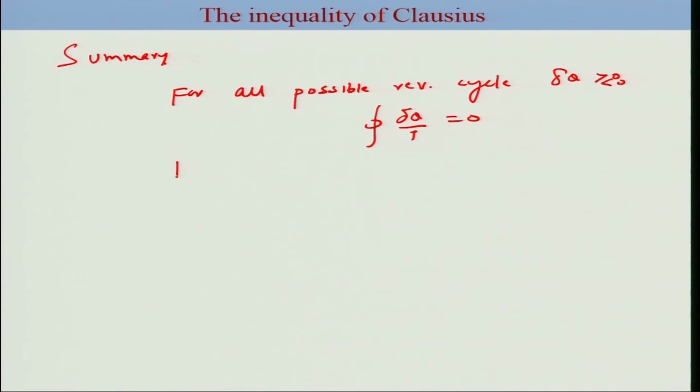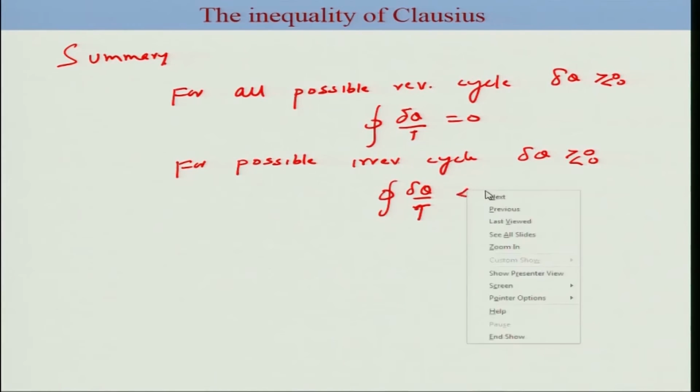And for all possible irreversible cycles, again including the heat engine as well as the refrigerator, where you have considered different signs of delta Q, your del Q by T is going to be less than 0.